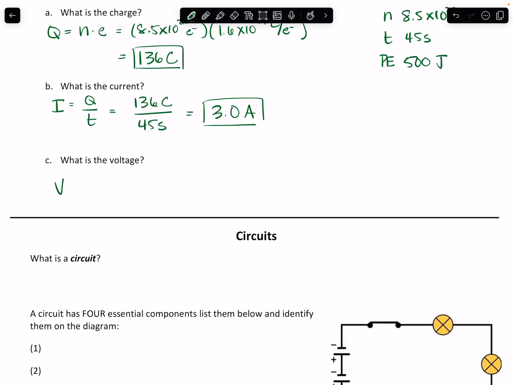And then finally, what is the voltage? The voltage is going to be that potential energy divided by the charge. So 500 joules of energy per 136 coulombs of charge gives us a voltage of 3.7 volts.